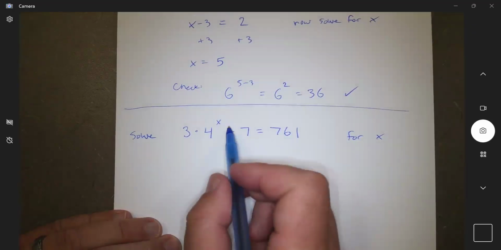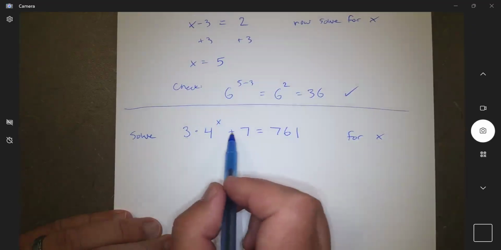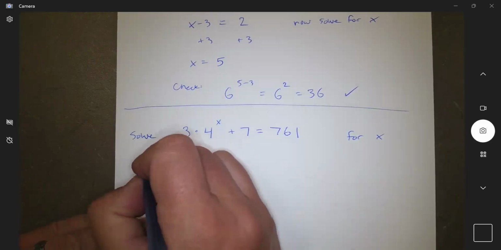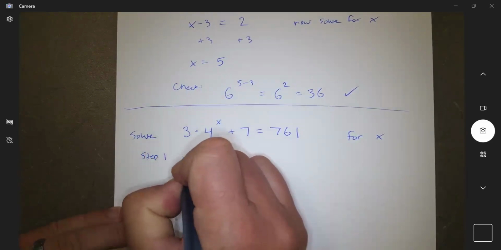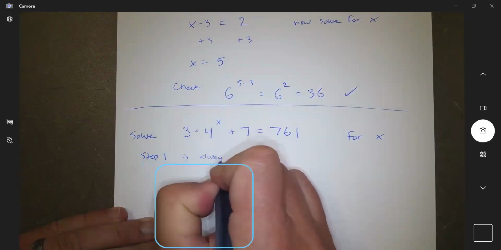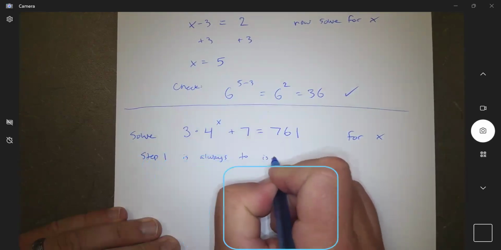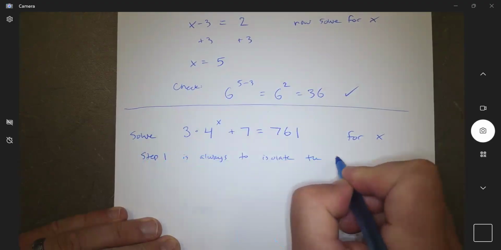So when you need to solve an exponential expression, but there's more math going on, step 1 is always to isolate the exponential.